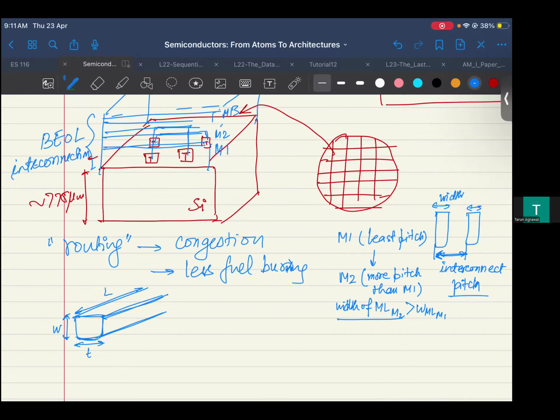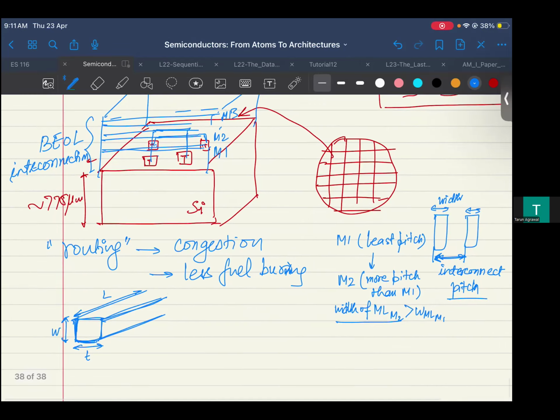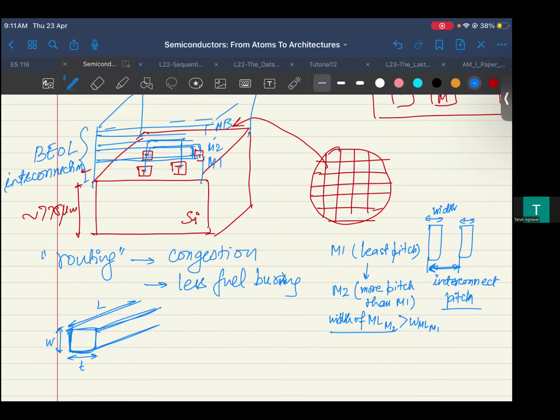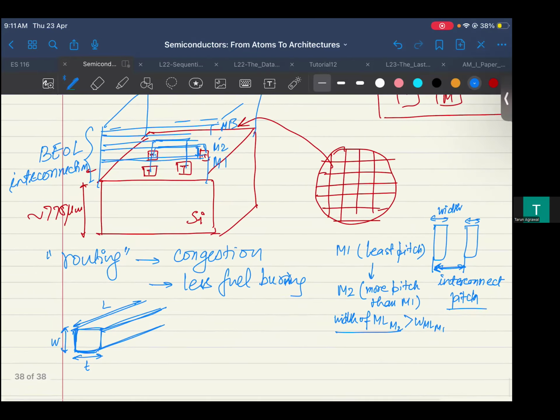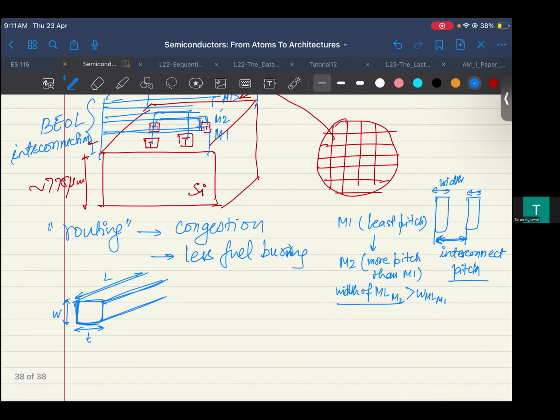The length depends on how long you are going, but the width depends, as we saw, on which metal layer you are in, and the thickness depends on where you are putting these. So let me just change the width and thickness. You see that the width can increase.